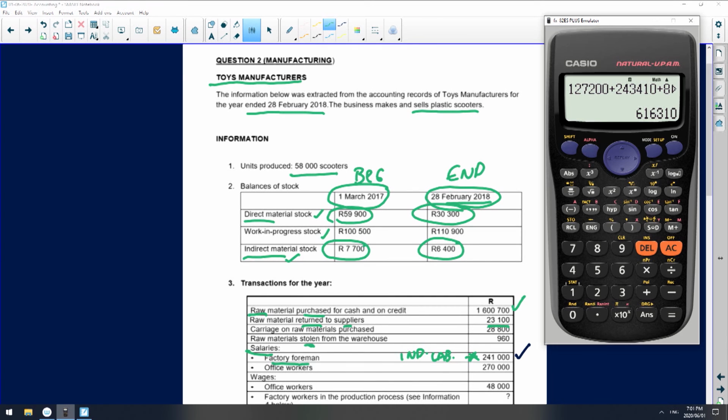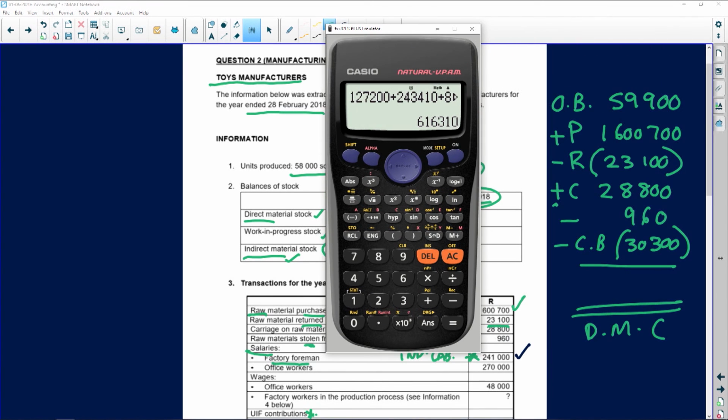So let's get the calculator out. Okay, so we've got 59,900. I'm adding the 1,600,700. Then I'm subtracting 23,100. Then I'm adding 28,800, and then I am subtracting 960, and then finally minus 30,300.